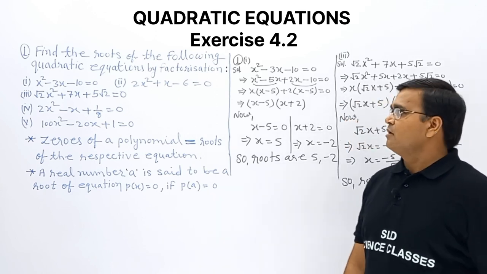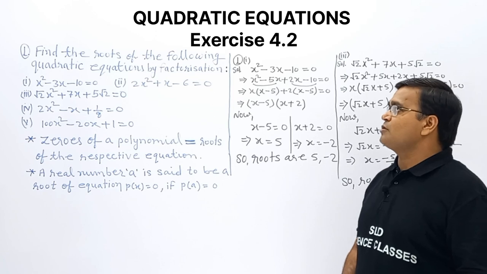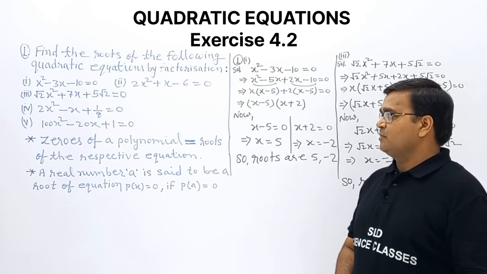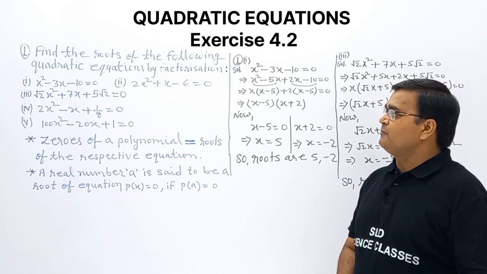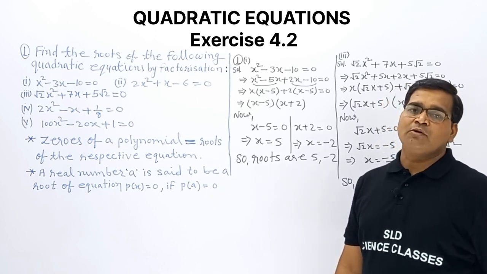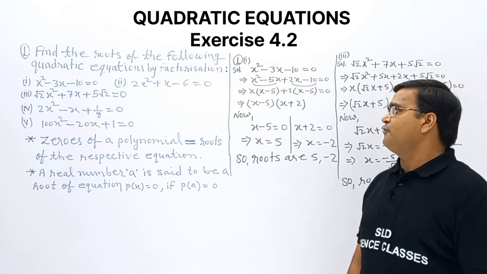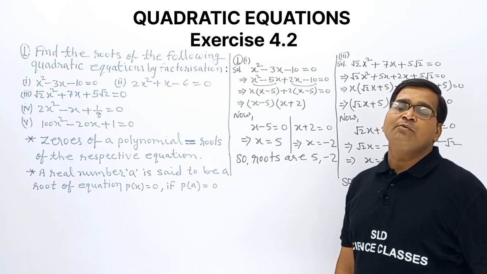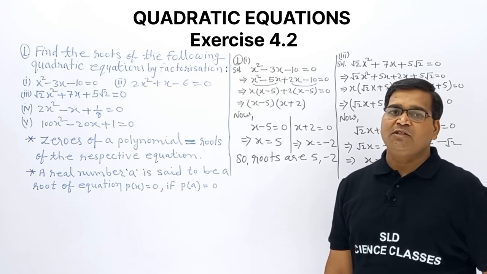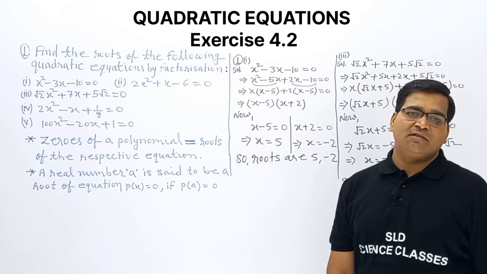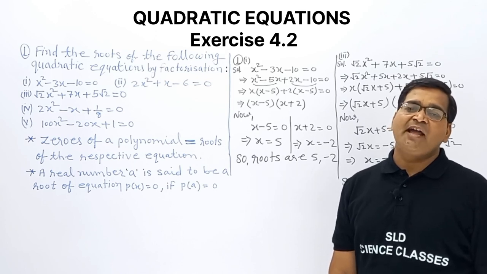We want the roots of the given quadratic equations. We have 5 quadratic equations and we want their roots using factorization. What method will we use? We will use the factorization method and find the roots.